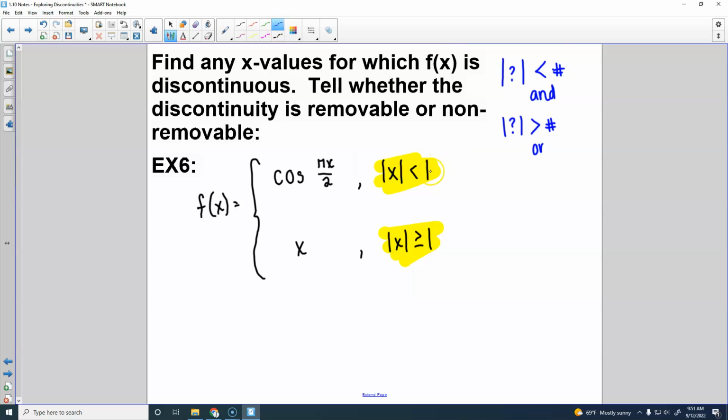So when I see absolute value of x is less than 1, I could rewrite it this way: x is less than 1 and x is greater than -1. So the first time you write it, you leave it exactly the same. The second time you write it, you change the sign and flip. You change both signs. You flip the inequality, you change the sign here. For this one, it would be x is greater than or equal to 1, or x is less than or equal to -1.